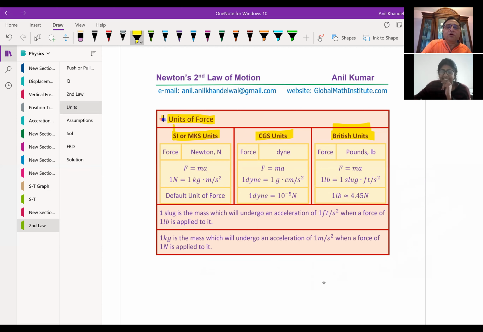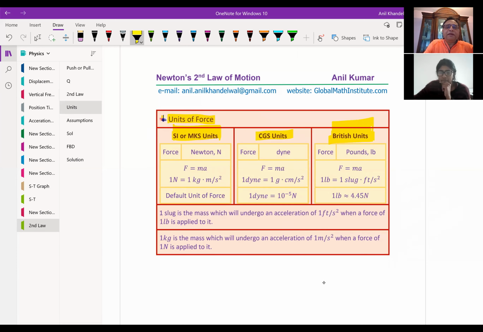The world over has changed to the MKS system. However, since you are from England, they have still not dropped their valuable British units. So they are still existing, and I thought, let me give you an overview of these units before getting into details, since you might get something in British units.